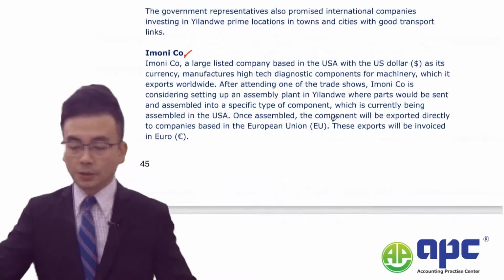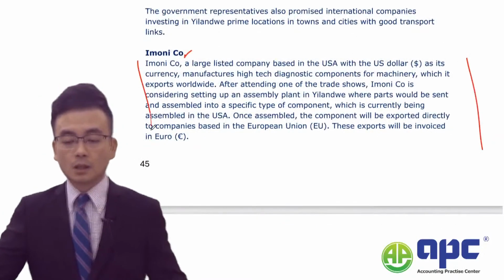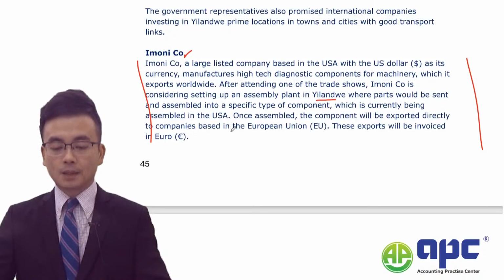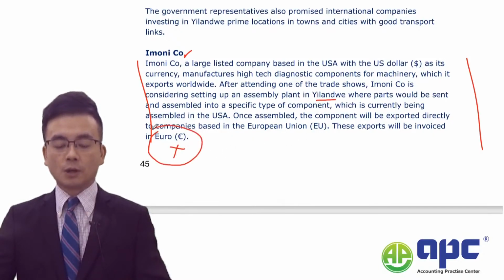Yeah, because looking at the structure again, we're told we're considering setting up a plant in Yulanzi, assembled in the USA, and once assembled, the component will be exported directly to companies based in the EU, and we will receive euro.